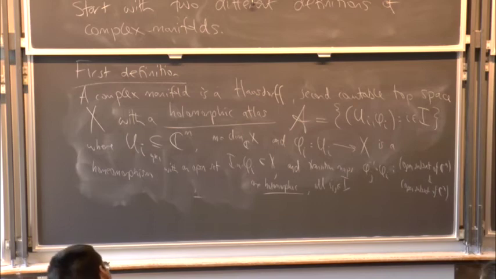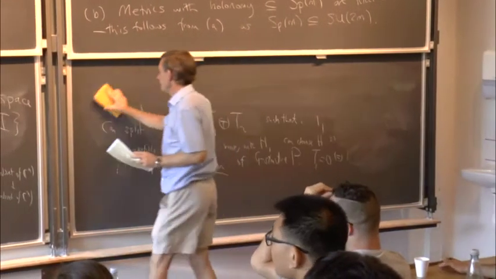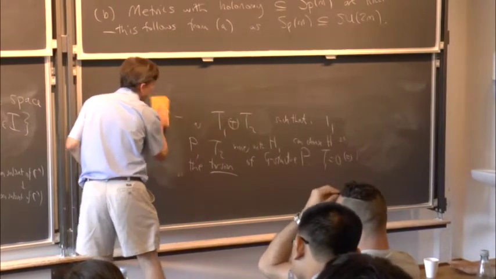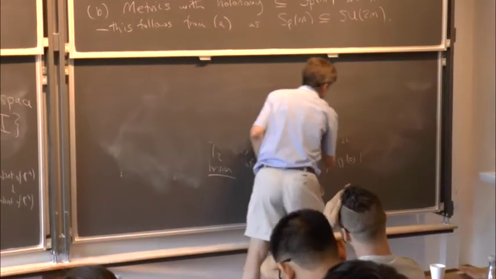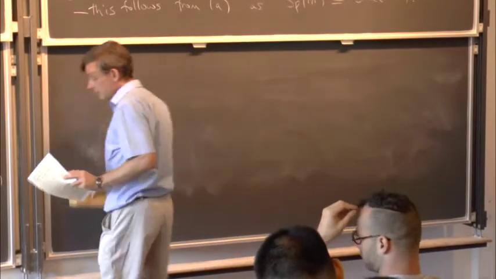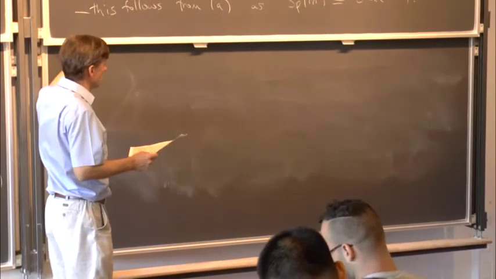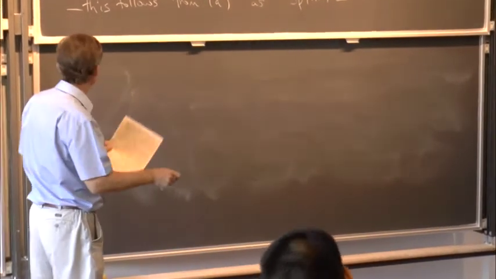Okay, so that's kind of the complex analyst's definition of a complex manifold. But what I'm perhaps more interested in, from our point of view, is a kind of real differential geometer's definition, which is of a real smooth manifold together with an additional geometric structure.